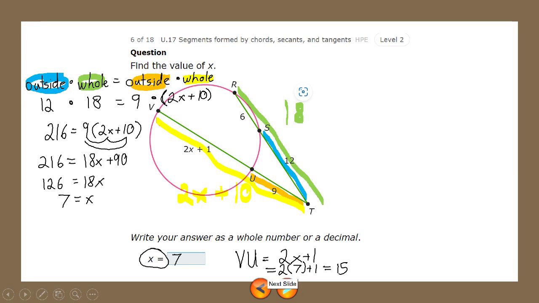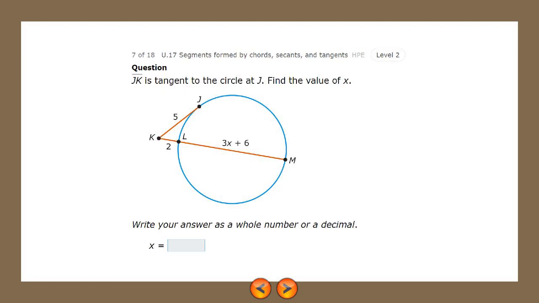The important thing to remember is that we have to do outside times the whole equals outside times the whole. Notice our point here was outside of our circle. Here, the same thing is happening. K is outside of the circle. So we're going to do the same process.